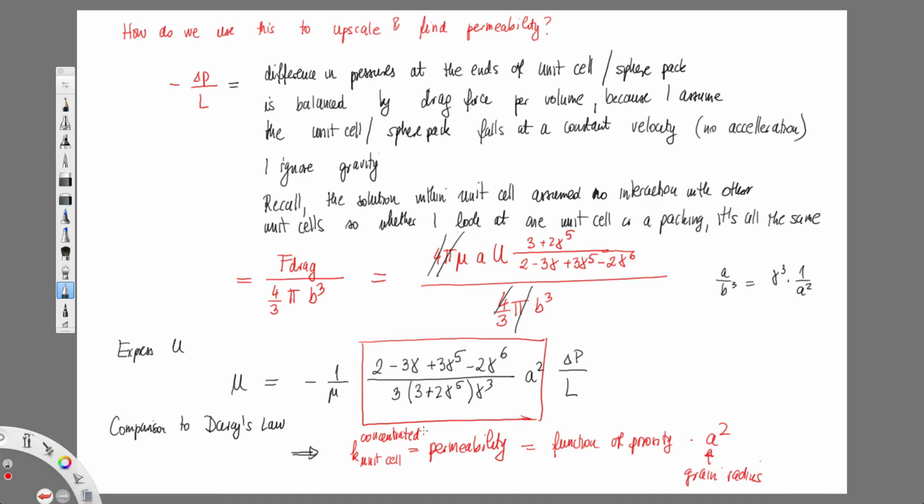Okay, we made some assumptions. We got the result of what the permeability should be. The way to proceed in your research, as well as here, is to actually go and validate. And in this case, we need some experiments to validate, because this was a semi-analytical solution.